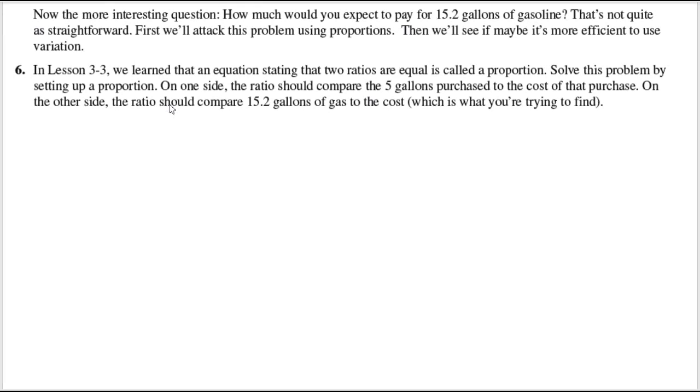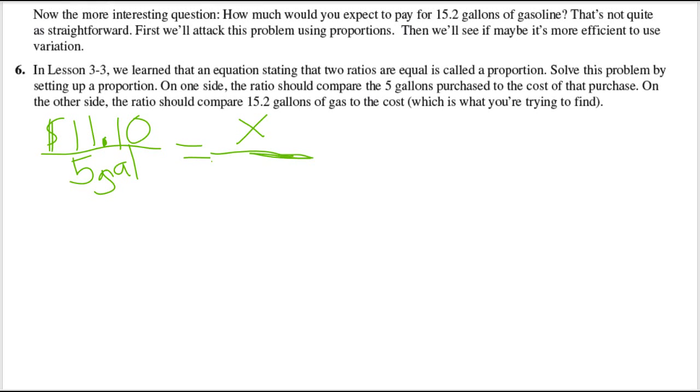The first ratio uses the same data from the previous question. When I paid $11.10, I got 5 gallons. I want to know how much I have to pay, and you notice when I said how much, I put the X. How much I have to pay for 15.2 gallons.